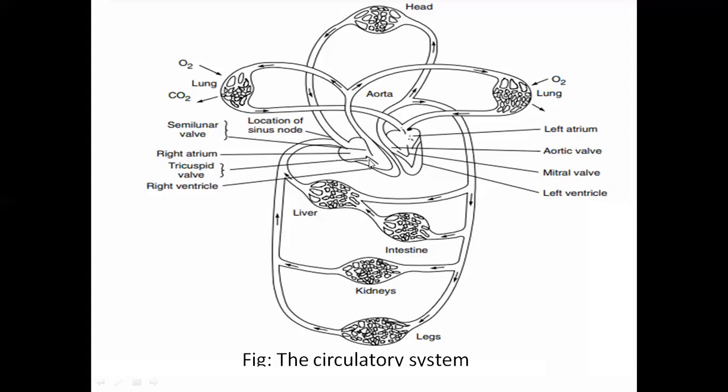Okay, here we have another node, that is the atrioventricular node. From the sinus node the electrical pulses are produced, and those electrical pulses will be transferred to the left atrium and then to the atrioventricular node, AV node. We can call it the AV node, atrioventricular node.